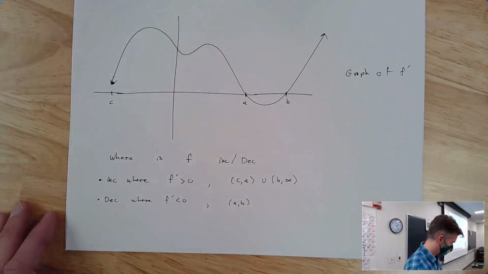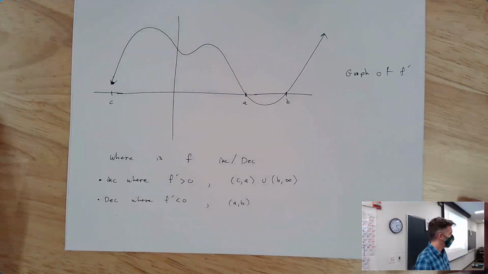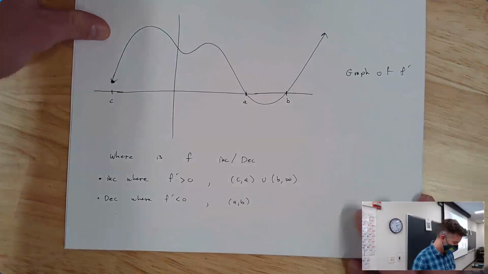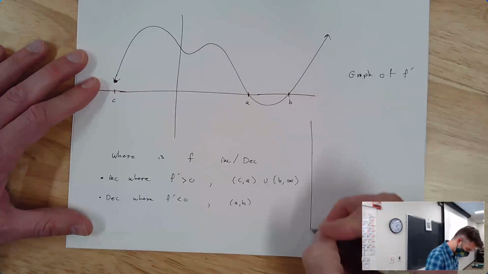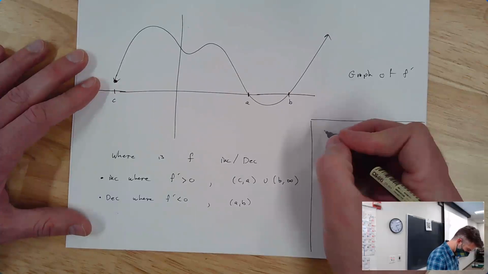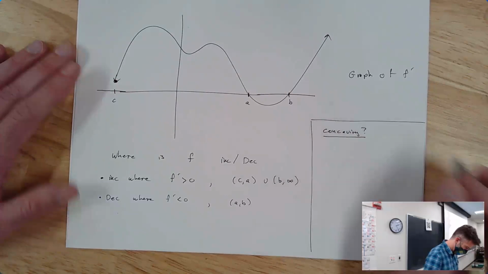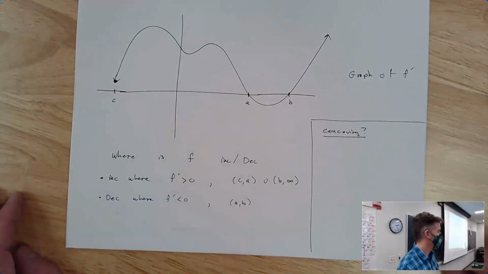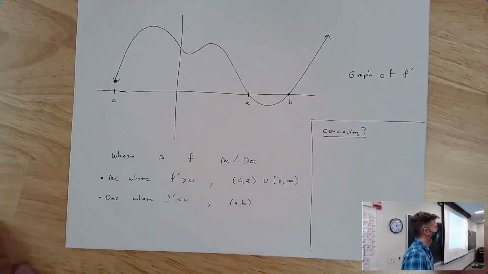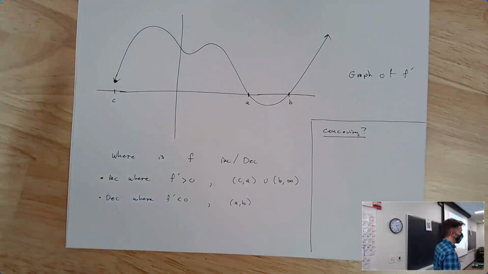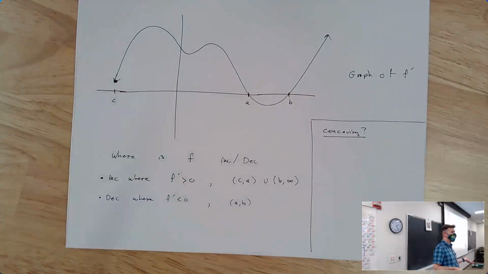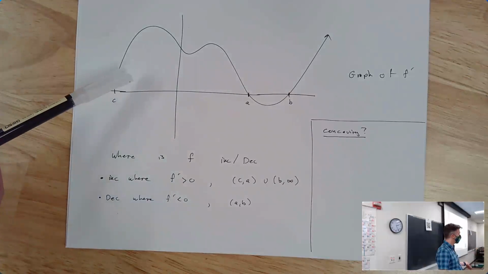Okay. Can we talk about concavity? Maybe. So if someone asked me about concavity, well, I know it's concave down if the second derivative is negative. But this is the first derivative. Can we get there?